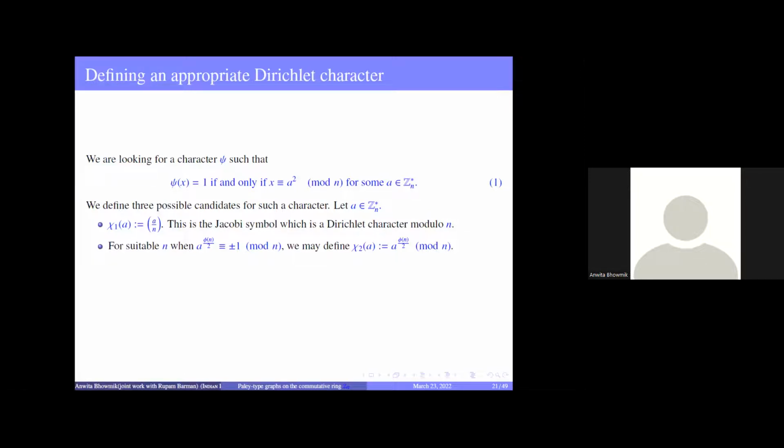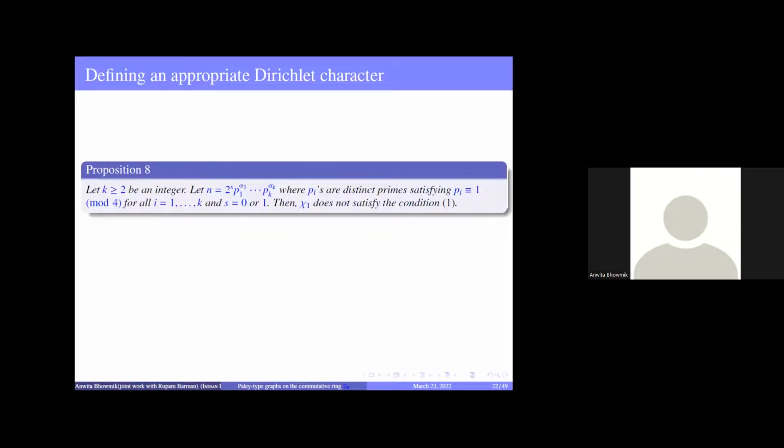Why we are doing this is because for the Paley graphs, we saw that a to the power (q minus 1)/2 is either plus or minus 1. So similarly here, we are doing the same. We will check later whether this kind of definition indeed forms a character or not. And the third definition is chi3 of a, which takes 1 if a is congruent to a square modulo n and takes minus 1 otherwise.